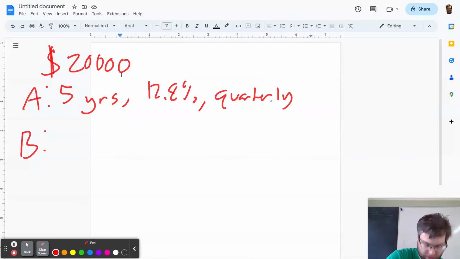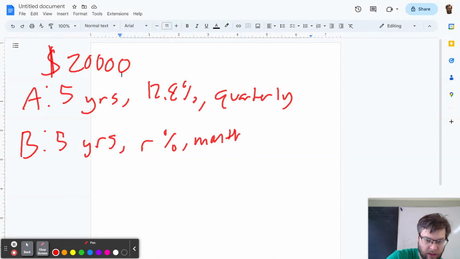And then option B is a 5-year loan. Okay, so that's staying the same. R percent, so we don't know the percent, compounded monthly, and it requires a 10% deposit. Interesting. The option A has no deposit.